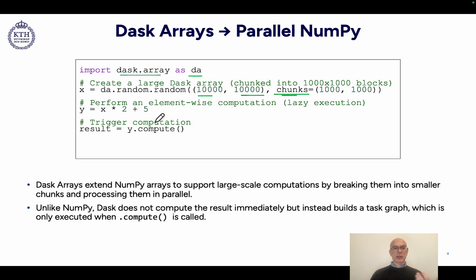Then we can say which operation to perform, in this case an element-wise computation, and this is lazy computation. So until here nothing has happened. In order to actually have the computation, we need to explicitly call the compute method. Differently from NumPy, Dask does not compute results immediately, but instead builds a task graph, which is only executed when we call the compute method.